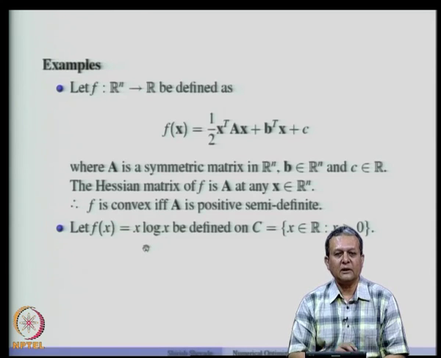Note that this function is twice differentiable. So, we can take the second derivative of this function and see its behavior, and based on that we can conclude whether the function is convex or not.